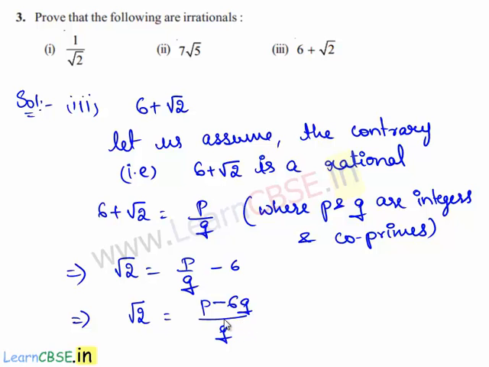Since p, q and 6 are integers, (p minus 6q) upon q on the right hand side is a rational number. This implies that root 2 is also a rational number. So the above equation implies root 2 is a rational number.